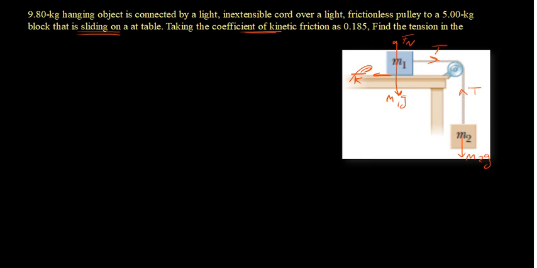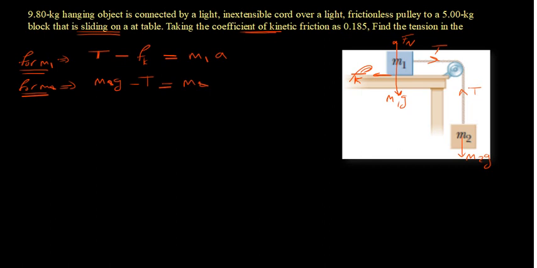Now once again, let's do it as we did in the previous video, and apply Newton's second law on each object. For object 1, total forces on the x-axis, it will be T minus the friction force equals m1a. Now for the second object, using Newton's law, we'll have m2g minus the tension equals m2a.